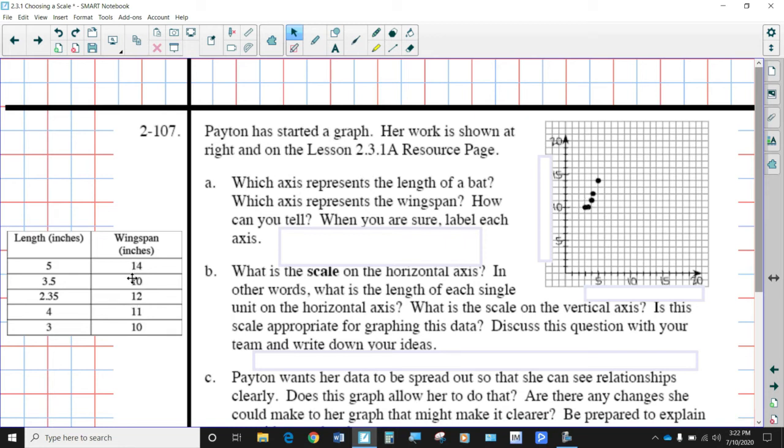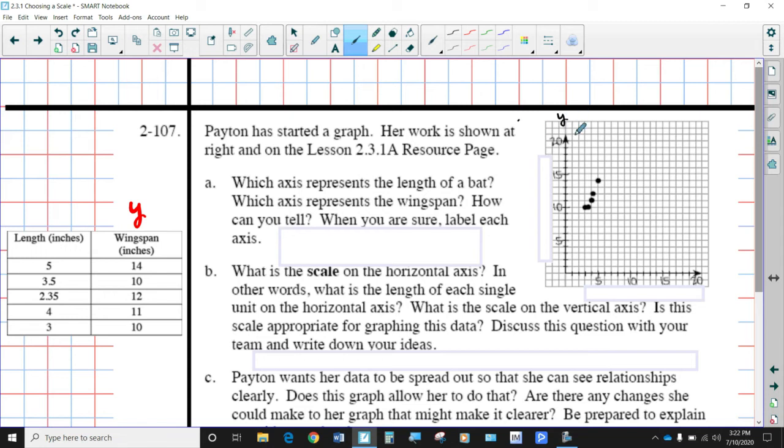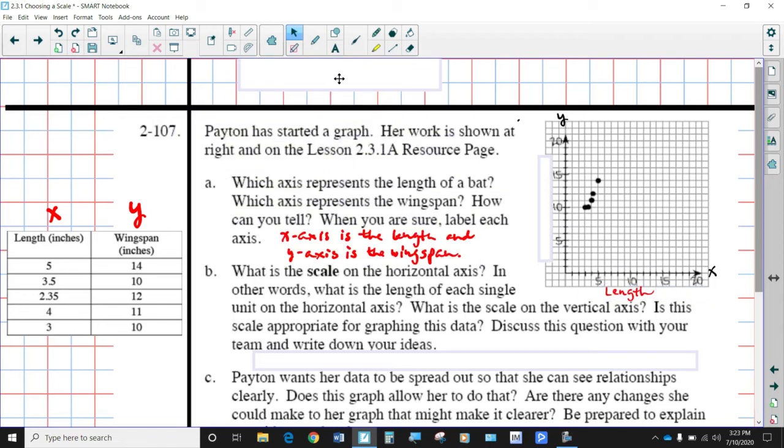That appears to match what we've got here. So that tells me that these are the y's. Remember, this is the y-axis. She didn't label these, so I'll do it for you. This is the y-axis here, and this is the x-axis. And these must be our x's. So that answers our first question. The x-axis is for length, and the y-axis is for wingspan.